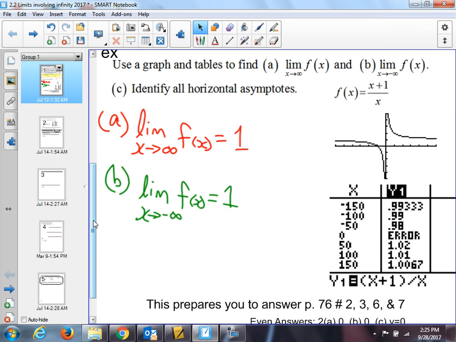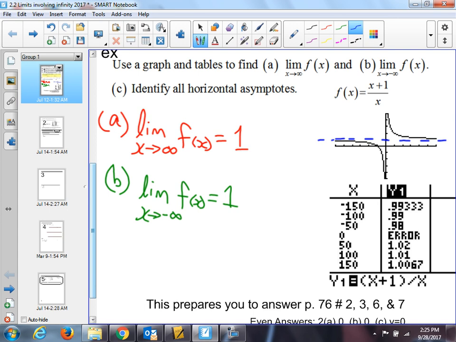Identify all horizontal asymptotes. Now do you see, because it flattens out around 1 in both directions, it only had to flatten out once to call it an asymptote. We would say, and I don't have a ruler here, so it's not going to be perfect, that y equals 1 is your asymptote, right?